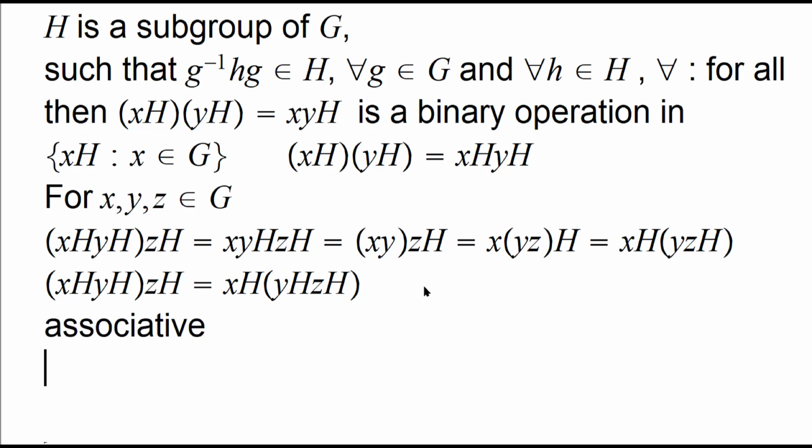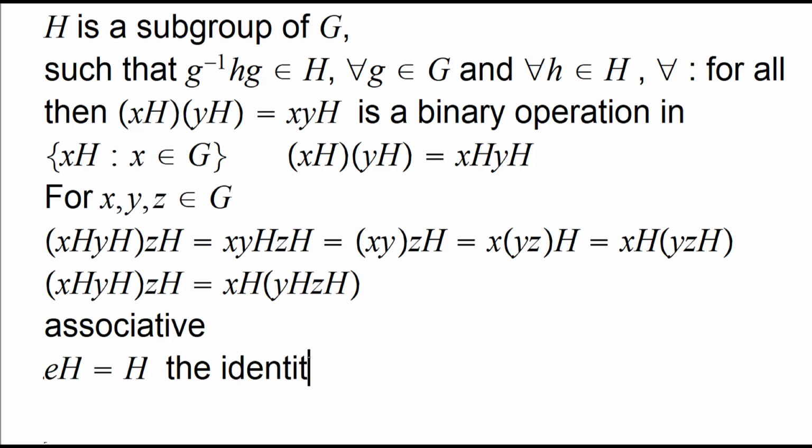Okay. And then for the identity, again, if we were discussing it in the class, I have never ever had a class in which somebody did not guess that if E is the identity in G, then EH, since E is in H, will be H, that is the identity.